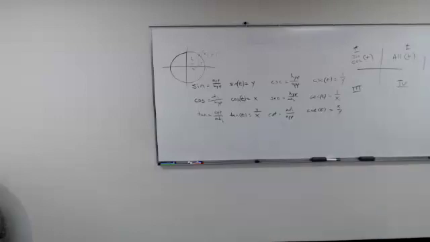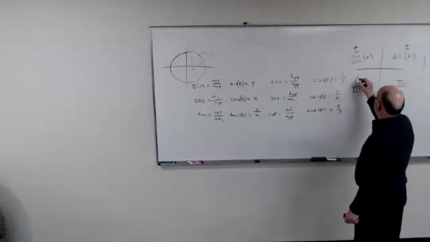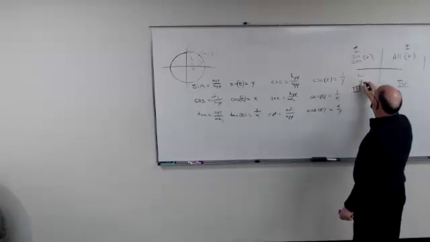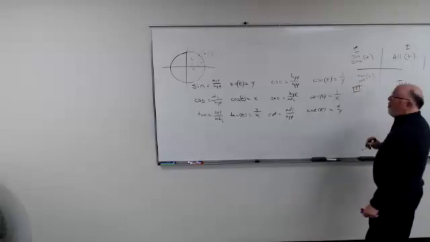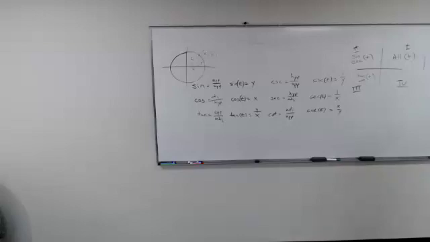How about the third quadrant? Tangent and cotangent will be positive, okay? After all, both x and y will be negative, and then negative divided by a negative will be a positive, right?